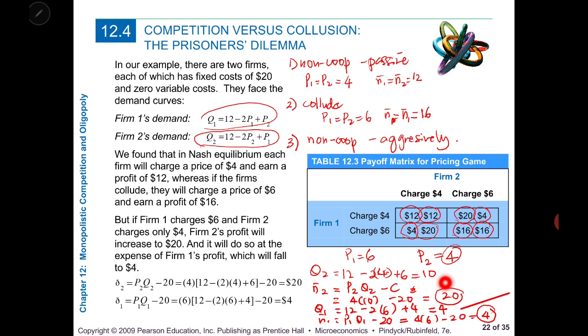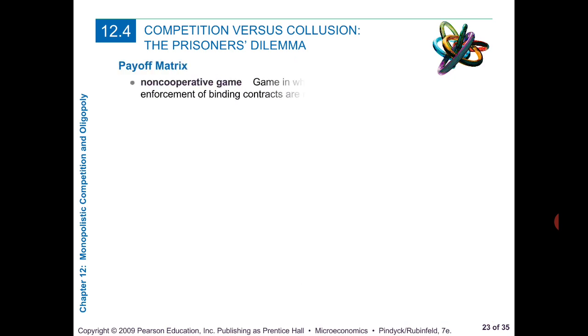So although we say that it's highly profitable to enter into a collusion where you get 16 and 16, it's even more profitable if you're able to undercut your competitor through an aggressive pricing strategy. You are able to get $20 and the competitor will lose miserably, and they will only earn $4 as profit. So this is a payoff matrix. It presents the possibilities.